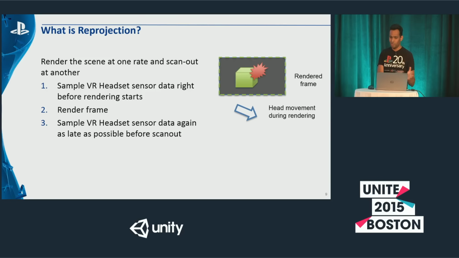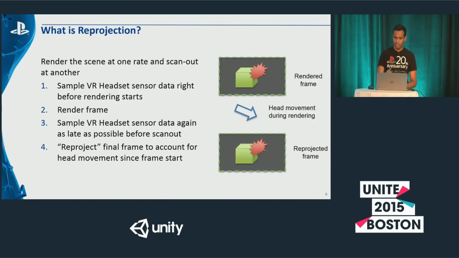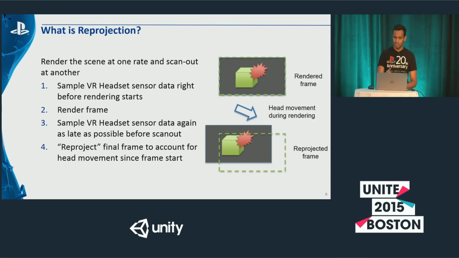Then just before scanning out, you sample the sensor data once again and adjust your frame according to the movement of the head to compensate for whatever little movement it is. And this reduces the perceived latency. So that's pretty much what reprojection is. The green box here is what the user sees.